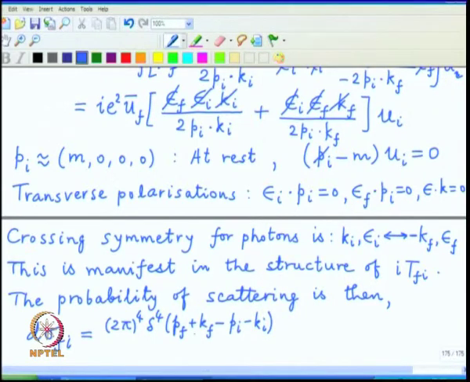The second factor of 2 pi to the 4 delta 4 0 is scattering per unit volume, and the unit volume part is divided out.